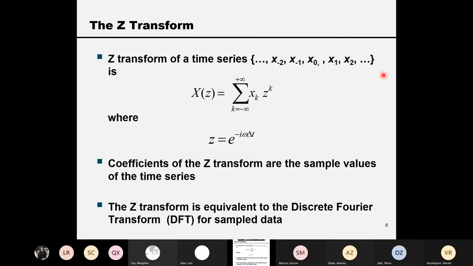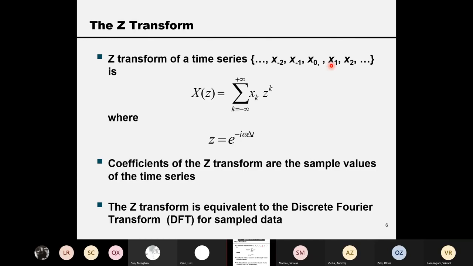For this time series, its Z transform is expressed in terms of a polynomial, and each term has a coefficient corresponding to the magnitude of samples, and the power of Z is the index of a time sample.